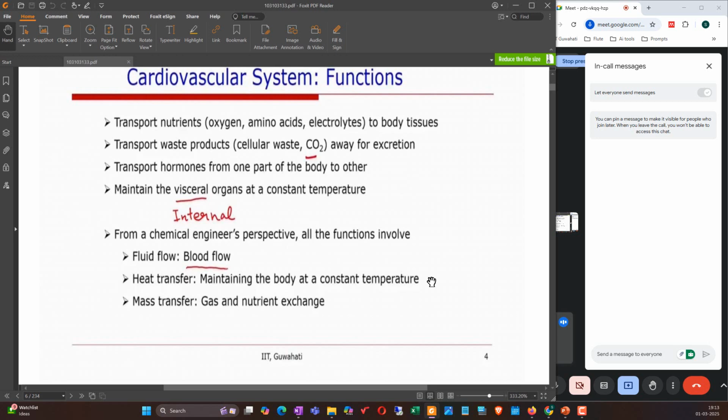So hormone transport, waste product transport, nutrient transport, and visceral organ temperature maintenance are the functions of the cardiovascular system. And from a chemical engineering perspective, we had one quiz question on this: fluid flow, which is the blood flow, heat transfer to keep the body at a constant temperature, and mass transfer, which is the gas and nutrient exchange, right?